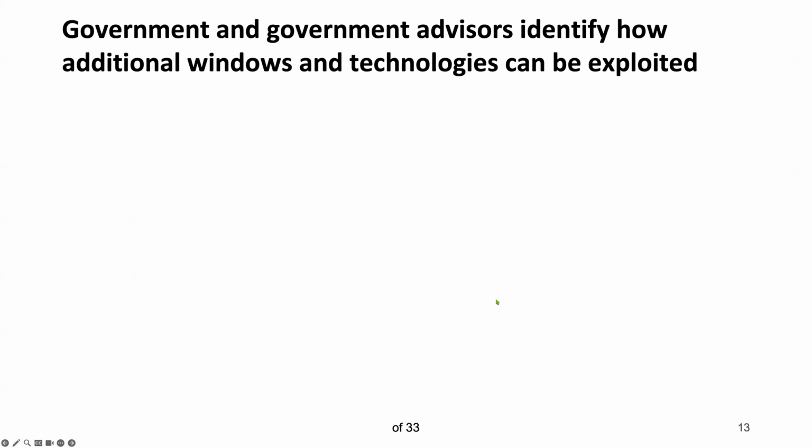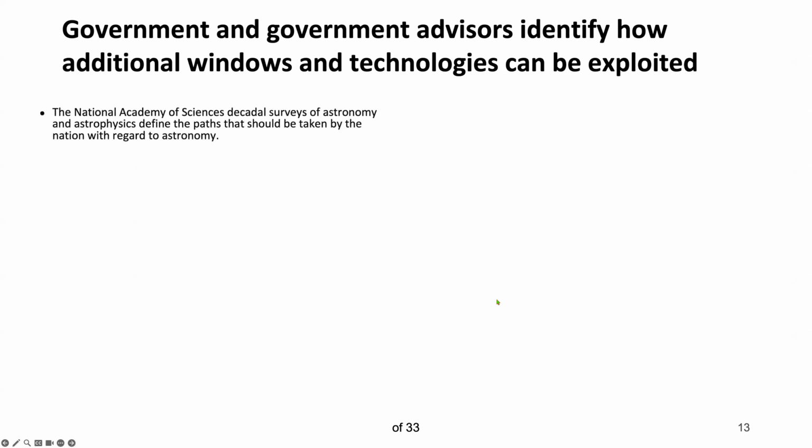And in addition to the guidance you get from prominent astronomers like Wendy Freedman and Martin Harwit, you need a community effort as well. And for decades, the National Academy of Sciences has been hired by the US government to put together what they call a decadal survey.